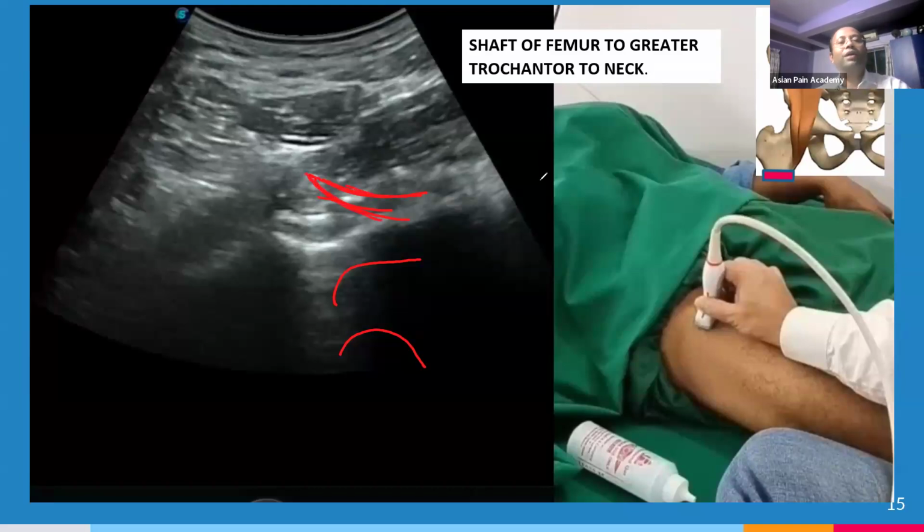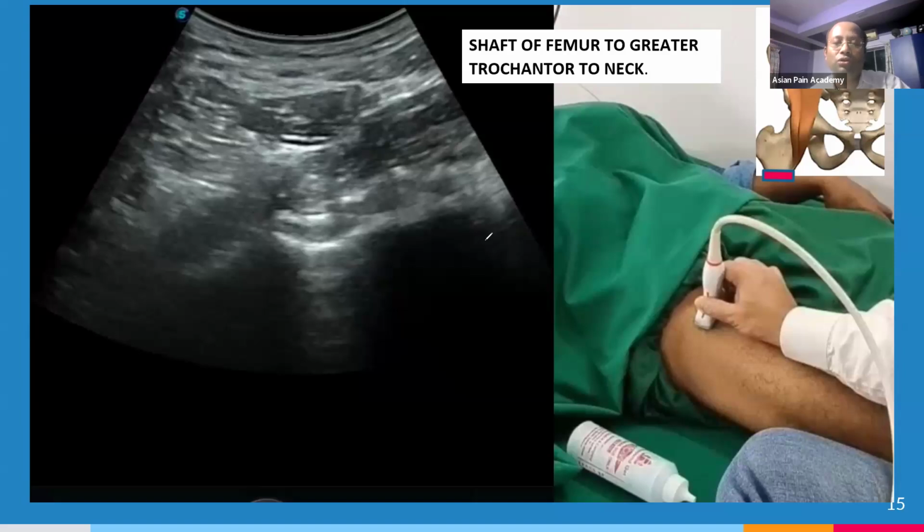Okay. So our intention is to see the joint. Our intention is to see the head and neck area, because neck area is important for recess finding, and in the joint we want to see whether there is an arthritis or effusion or not. Okay.